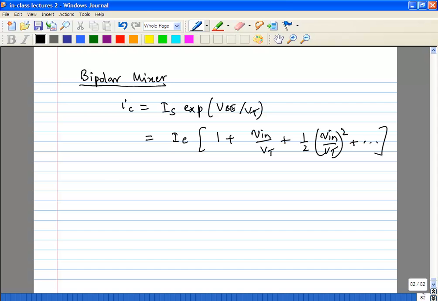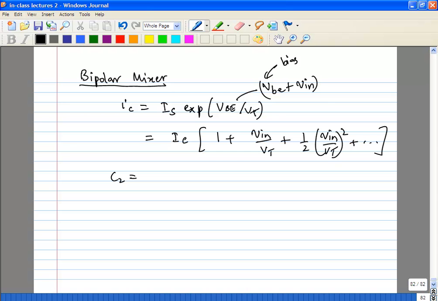What is C2? Now we'll start using C2 easily, because any polynomial form you can directly use C2. Let's call this Vb plus Vn. This is your bias, and you have a Vn. So you can write this as Is exponential small b over Vt, which is your IC.